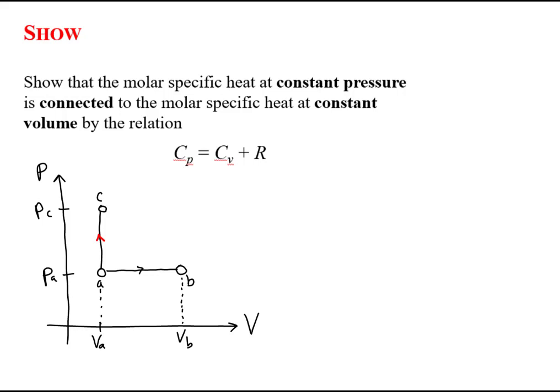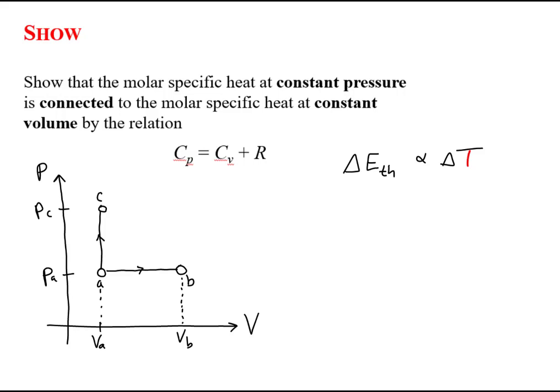To help us with this analysis, let's recognize that changes in thermal energy are directly proportional to temperature changes. So what this means is if we double our change of temperature, we double our thermal energy. If we triple our change of temperature, we triple our thermal energy.